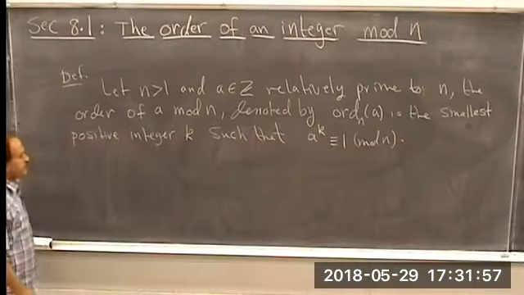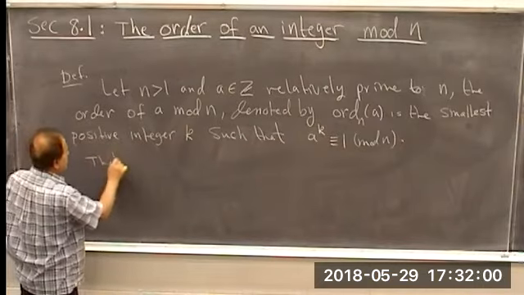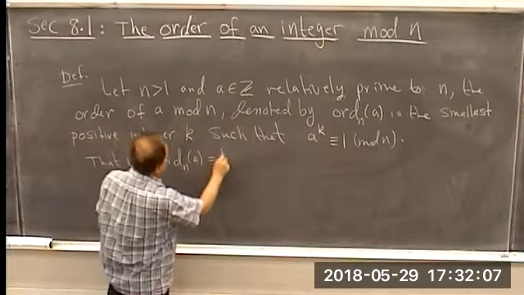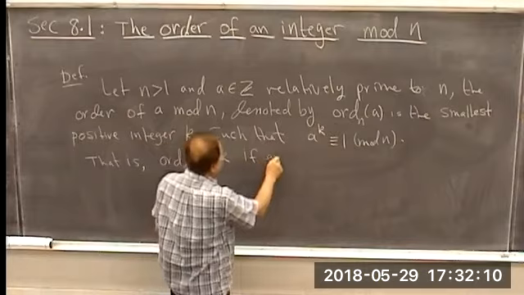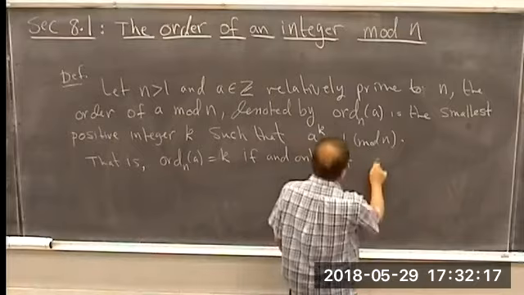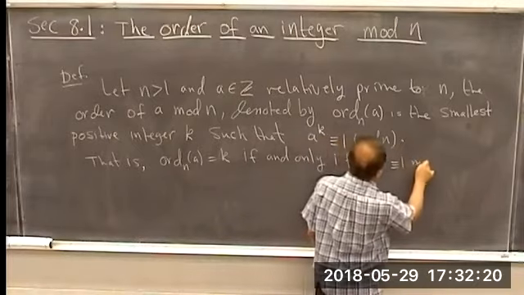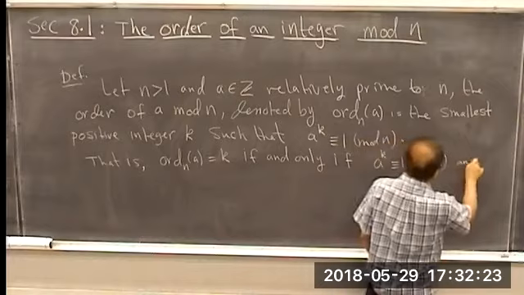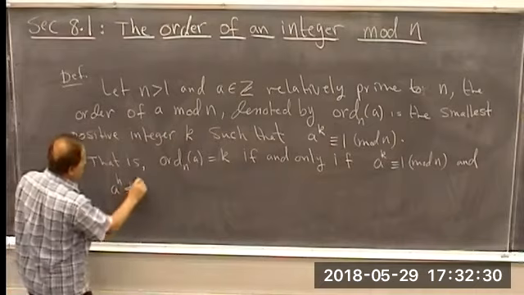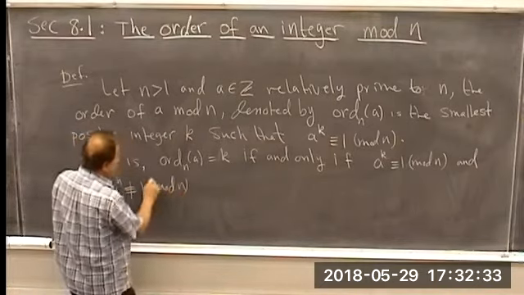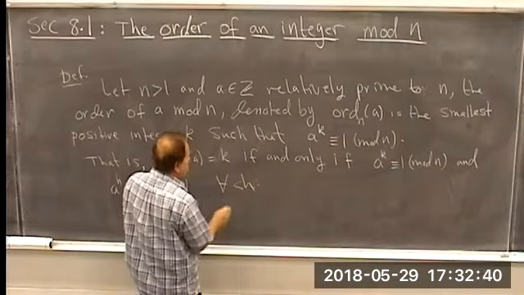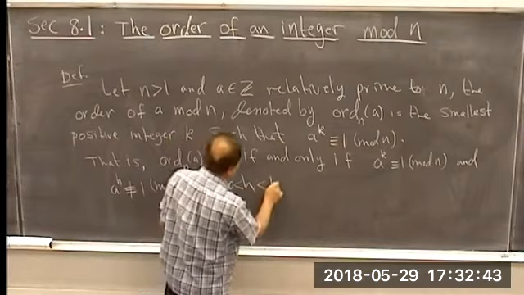To put it in a different way, the order of a mod n equals k if and only if a to the power k is congruent to 1 mod n, and a to the power of h is not congruent to 1 mod n for all integers h bigger than 0 and less than k.